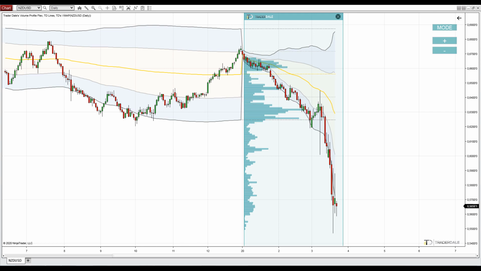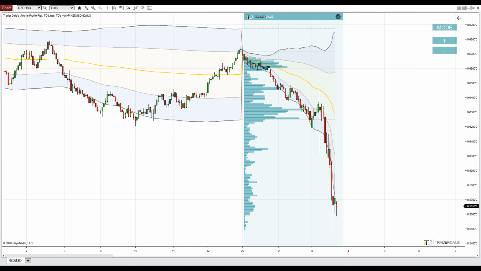So what I think happened was sellers accumulating selling positions in here, afterwards initiating strong and aggressive selling activity. When there's a pullback to this volume cluster, I expect that those sellers will become active again, will start defending their selling positions, and they're likely to push the price downwards from this area again.